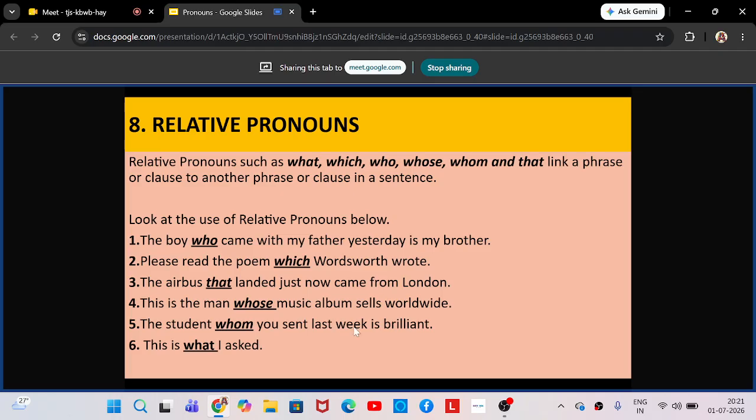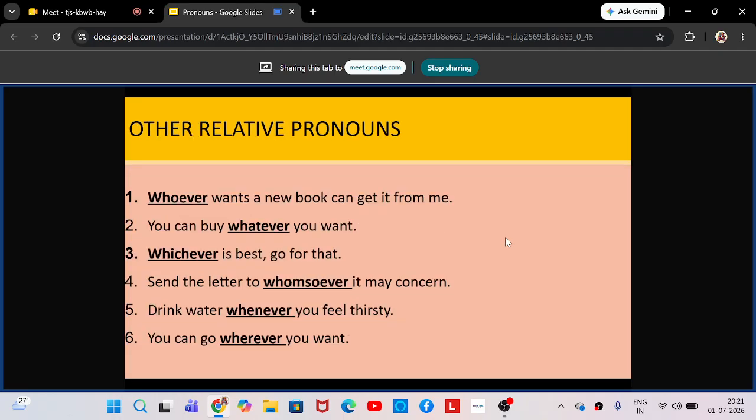Okay, guys? And we have other relative pronouns also. They are whoever, whatever, whichever, whomsoever, whenever, and wherever. Whoever means anybody. Whatever means anything you want. Whichever is also whichever one you want.